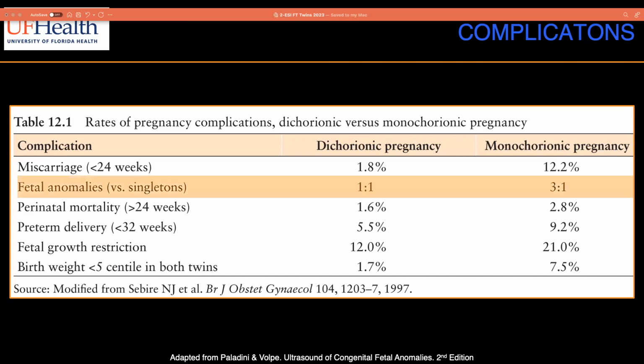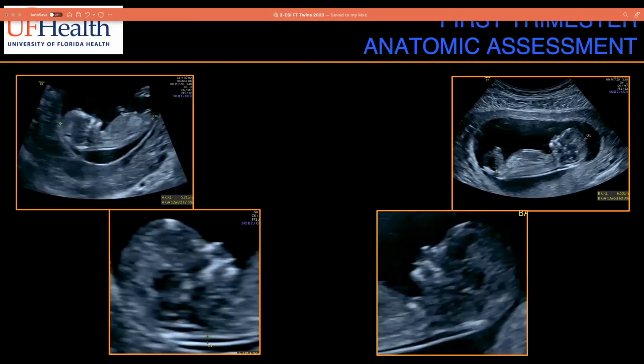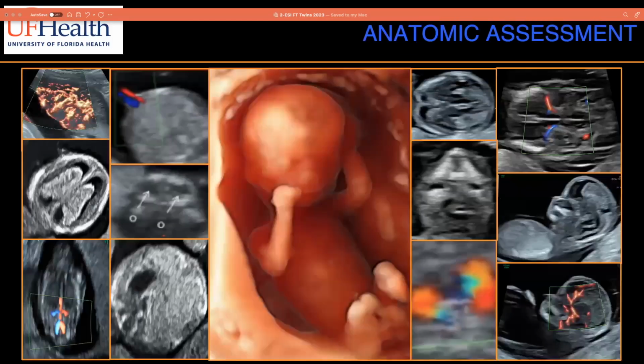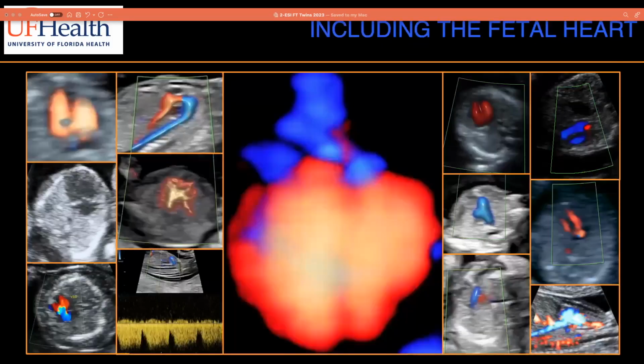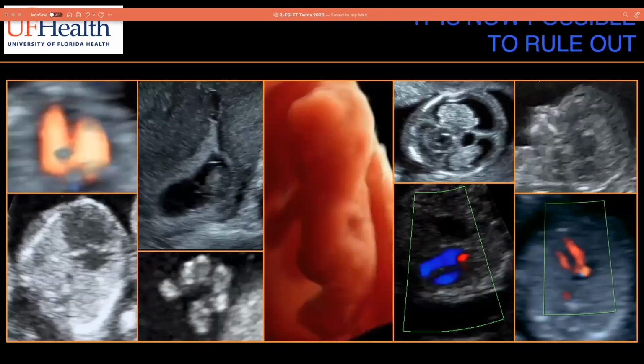If we look at fetal anomalies, much higher in the monochorionics. And this is why it's important to perform an anatomic assessment, as we've already spoken about today. So you do your CRLs, you do your NTs, you're going to do your full assessment, inclusive of the heart, and you can pick up a lot of abnormalities.